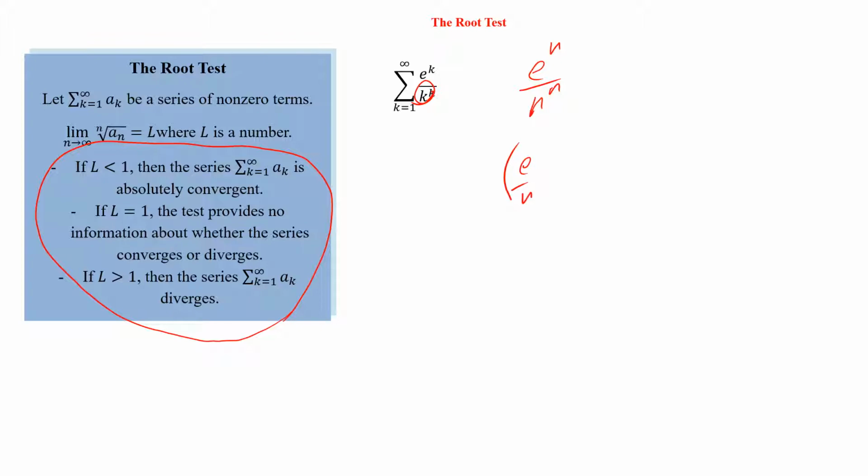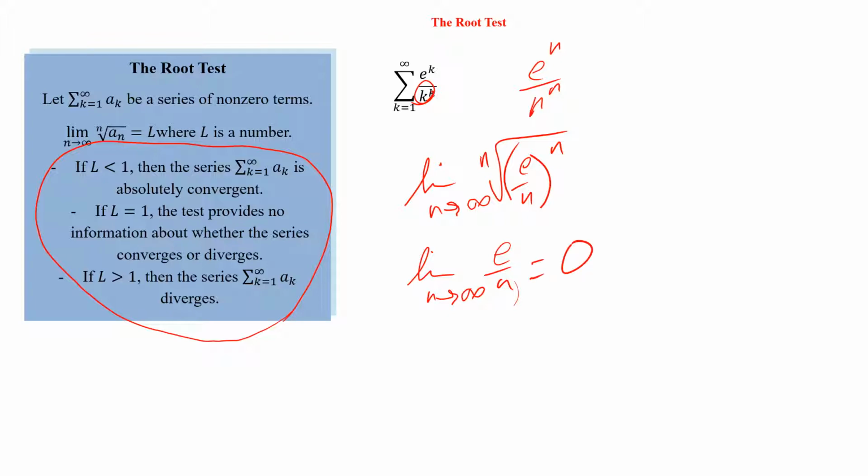This is (e over n) to the n. We want to take the nth root of that, which is just going to cancel out that exponent. The limit as n goes to infinity. So again, the exponent gets canceled out. We have the limit as n goes to infinity of e over n. The n gets huge, so we have e over an absolutely enormous number, which goes to 0, which is less than 1. So this converges.